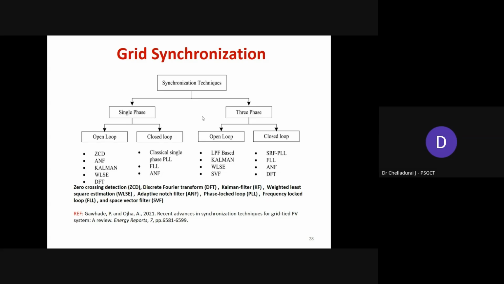To get the grid voltage reference, different control methods or different measuring methods are available, for example zero crossing detector method, discrete Fourier transform, Kalman filter based concept, weighted least square estimation, etc. Each and every topology or control method has its own advantages and disadvantages, in terms of how the real-time power system network voltage magnitude, voltage frequency and voltage phase angle are variable in nature under different conditions.